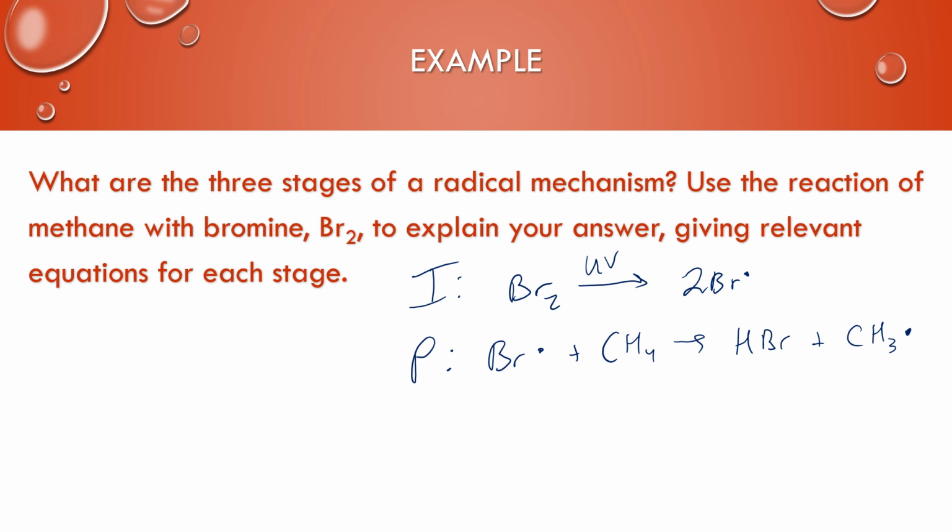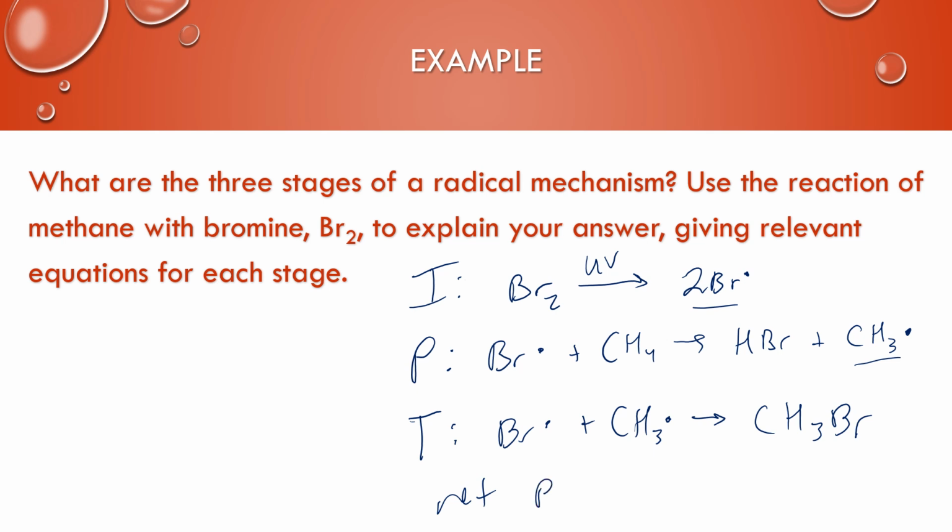And then our last step would be termination. In this case, the other bromine radical can react with this CH3 radical that we formed here. And termination is always 2 radicals coming together to form a new product, like this. And so our net equation is the Br2 plus CH4 forms HBr plus CH3Br.